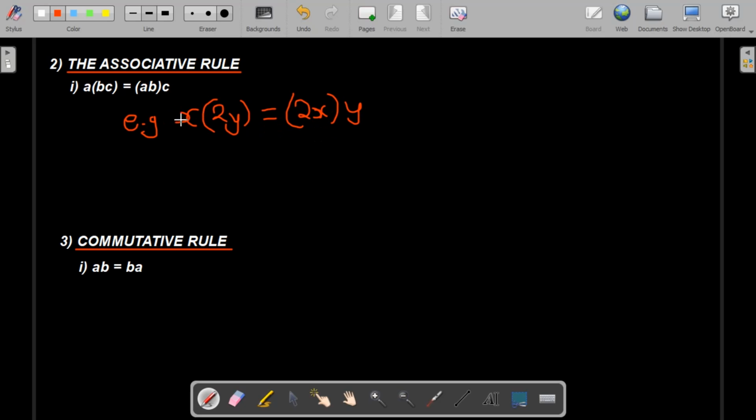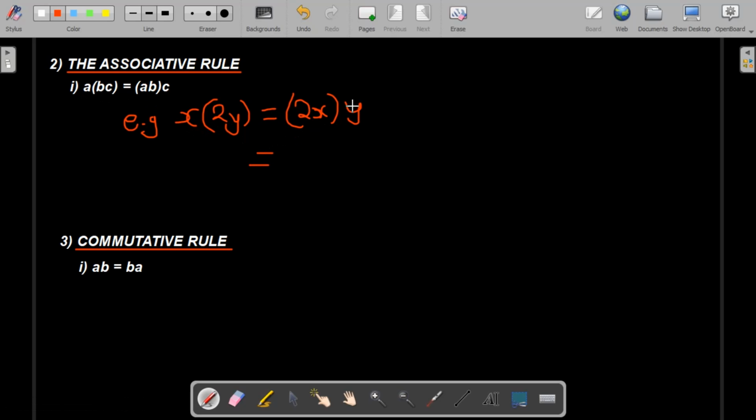So it's one and the same thing. Where there is a we have taken it inside, and c we have taken it outside. So a as x we have taken it inside where there is y, and y we have taken it outside. So this is the same.